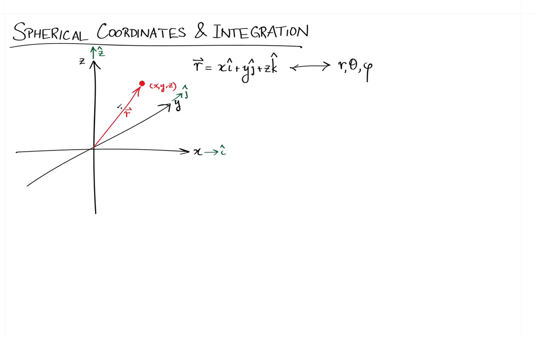So we're going to imagine that this position vector r sits on the surface of a sphere that has radius little r. So here is my sphere, and it has radius little r as shown there.